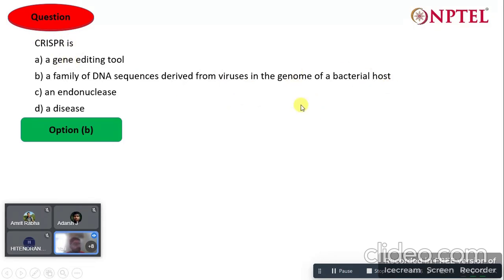Bacteria basically use this CRISPR as an immune response towards viruses. If there is only Cas9, it is an endonuclease that recognizes these sequences and cleaves at that point.